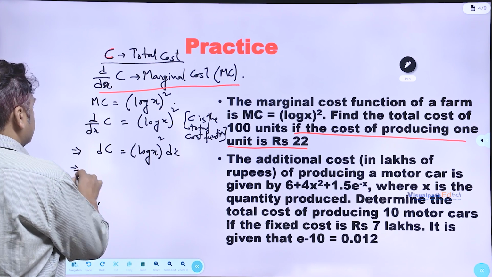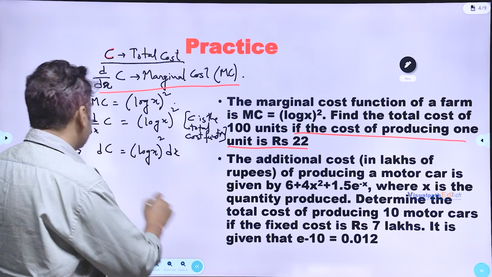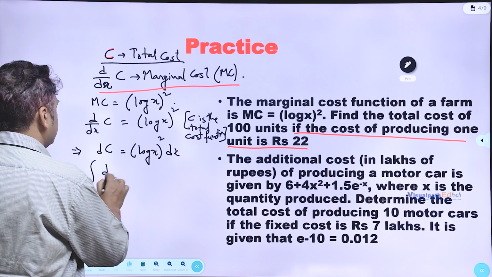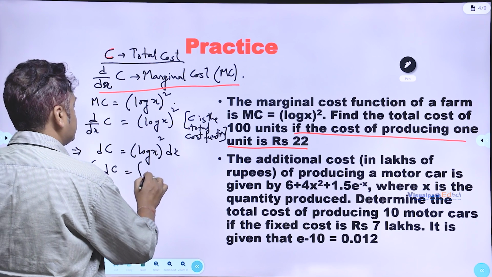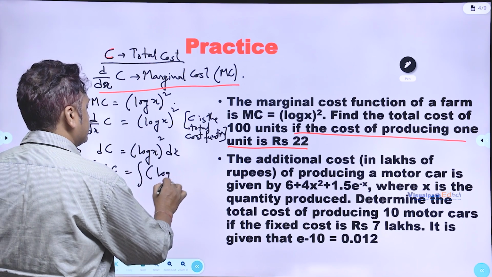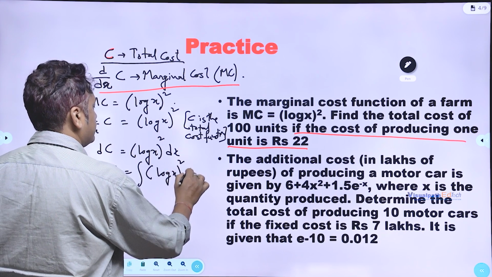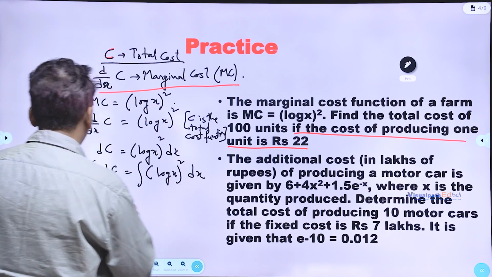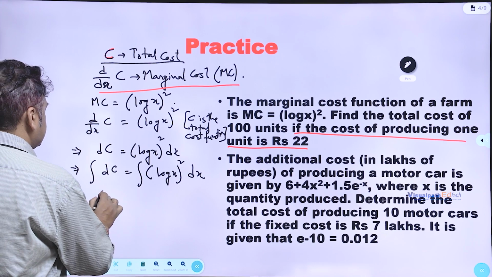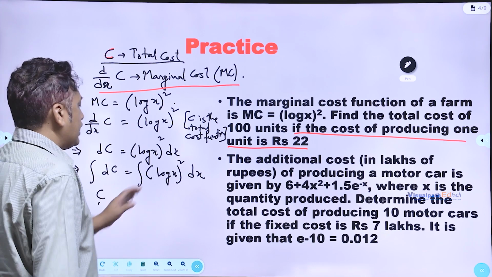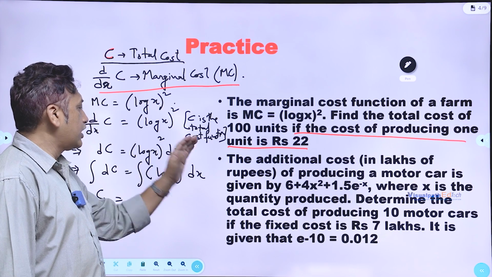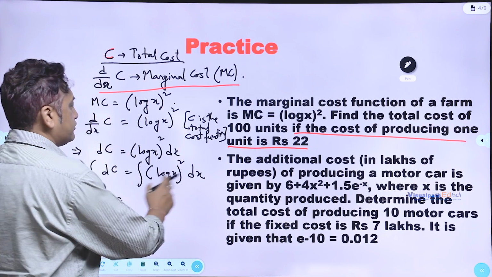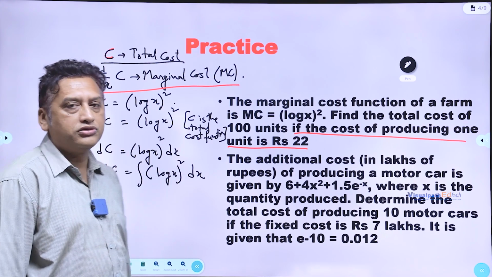Now suppose I take integration on both sides. So I'll get integration of dC is equal to integration of (log x) whole square dx. Integration of dC is C. Now for the integral of (log x) whole square we don't have any formula.